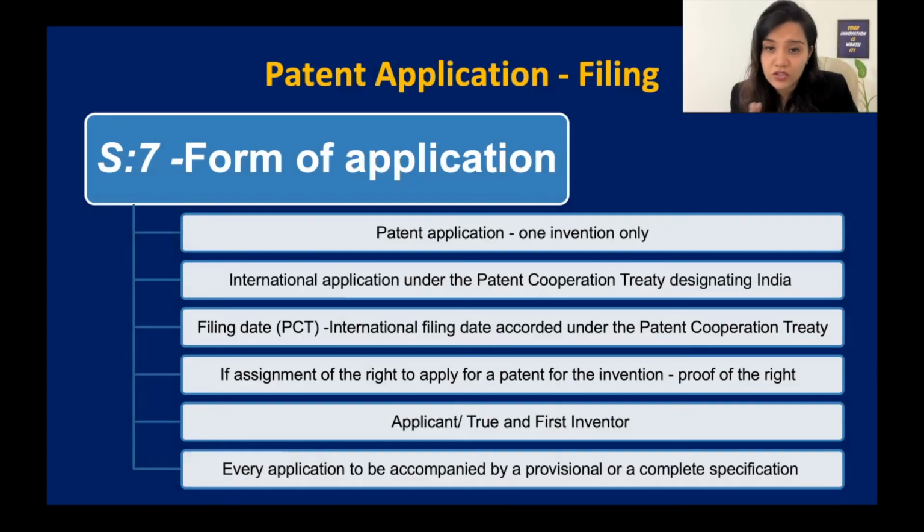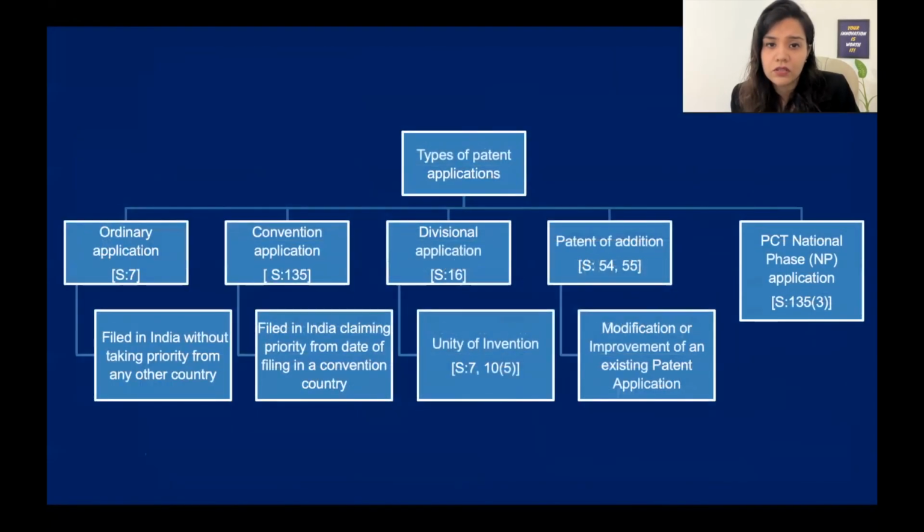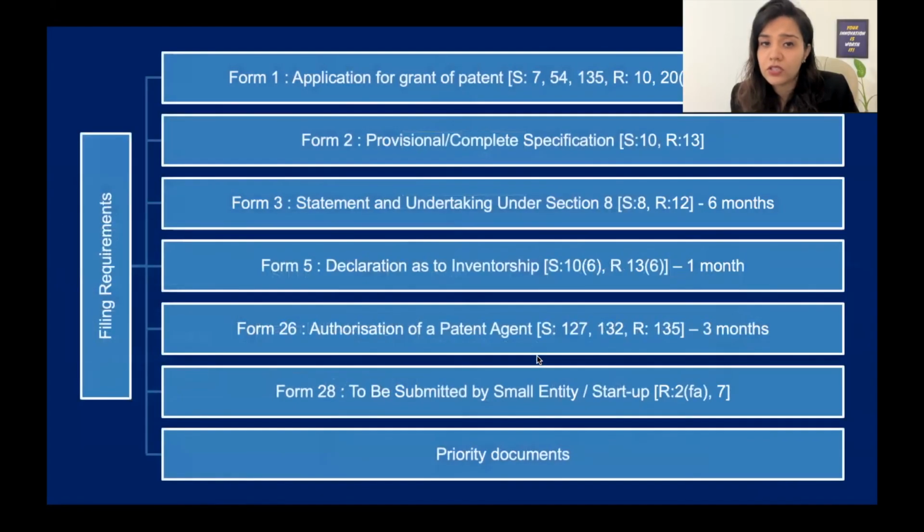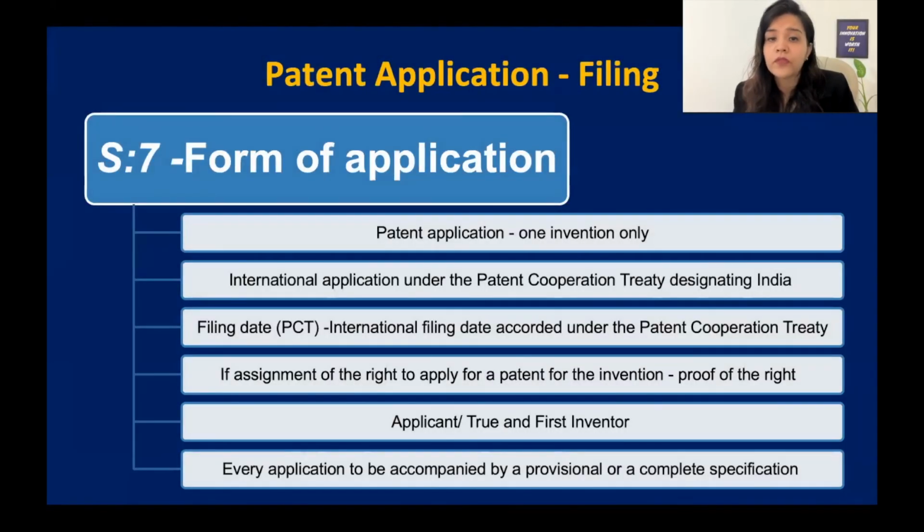That's why, if it does not relate to one invention, we have divisional applications in Section 16. Like we just discussed, ordinary application is in Section 7, but if unity of invention is not there, then we have divisional applications in Section 16. It also says that an international application under PCT would be considered as an application under this Act.